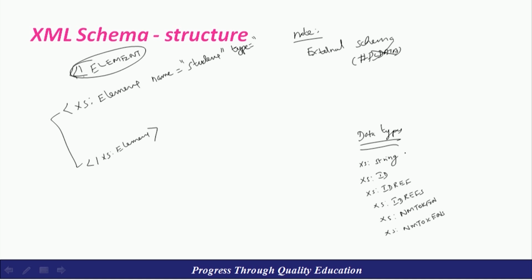For example, XS colon string and XS colon short, XS colon int, long, double. This kind of data types can be used for defining an element. So the element can have any pattern of text or numeric values which are not validated in the previous tool we learned, which is DTD. Now we have all these types.